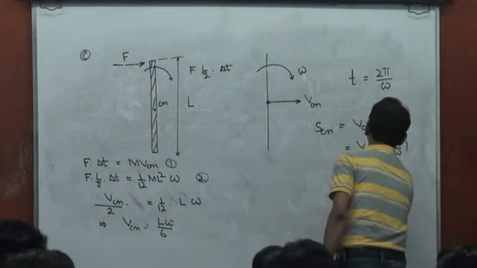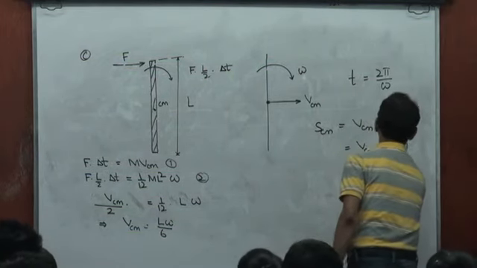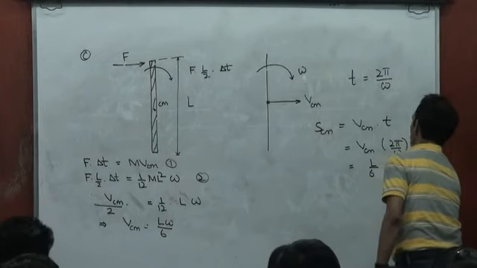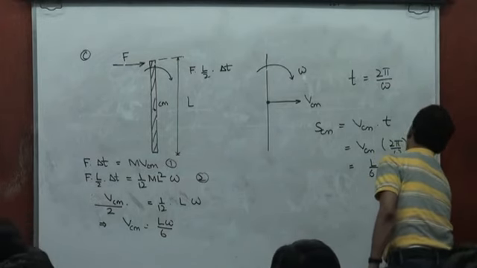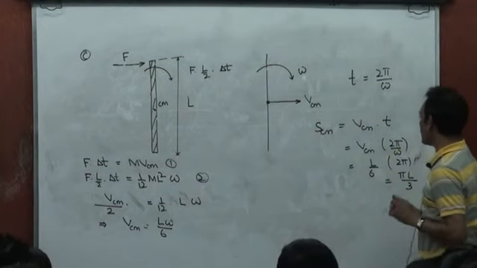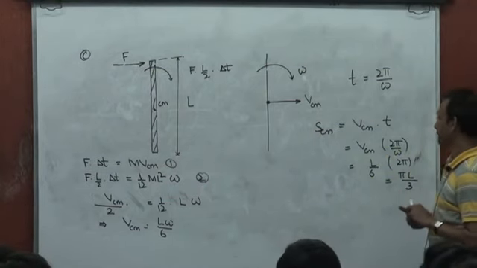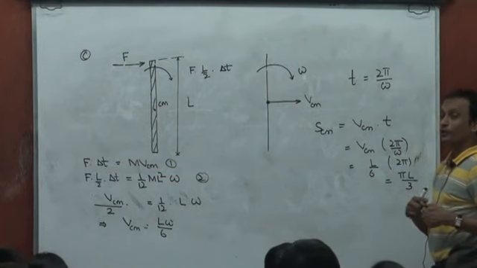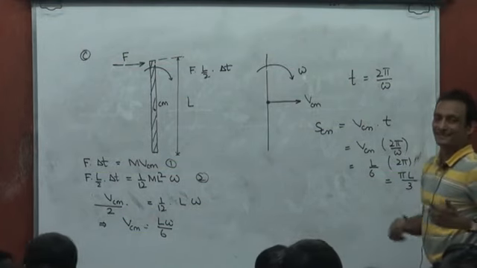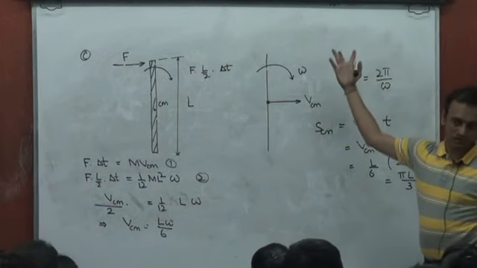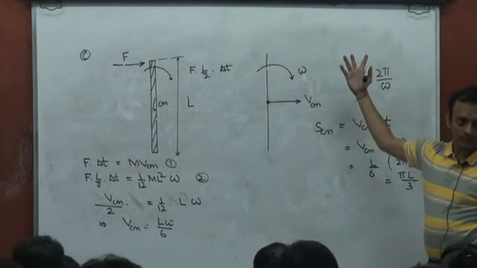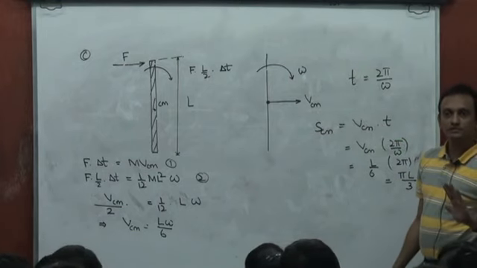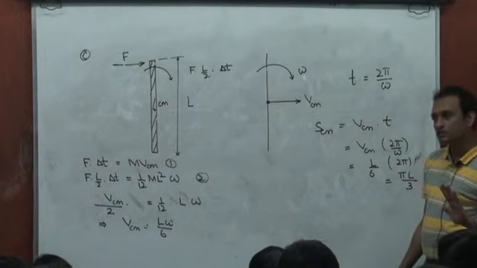So, L by 6 into 2 pi, which is pi L by 3, is the distance covered by the center of mass by the time the original orientation is restored, in one full rotation. This is idea driven. You all understood this concept.